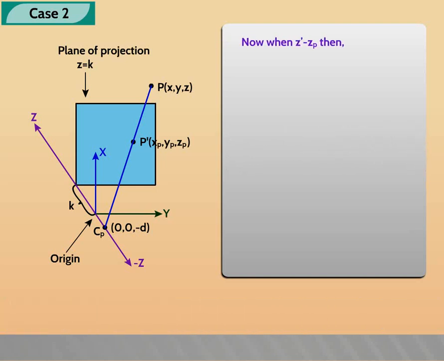Now, when z dash is zp, then zp is equal to k is equal to z minus z plus d into t, which implies t is equal to z minus k by z plus d.